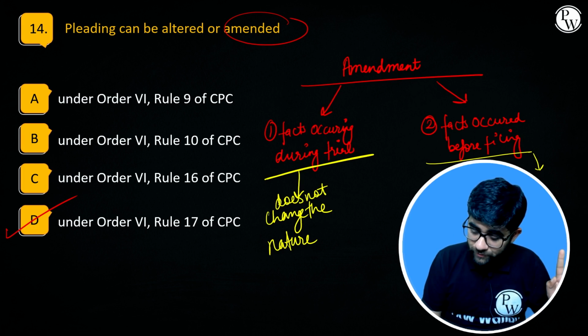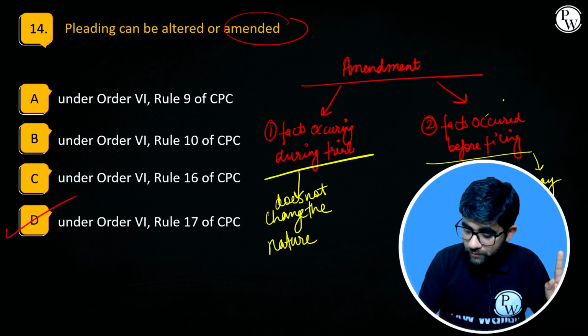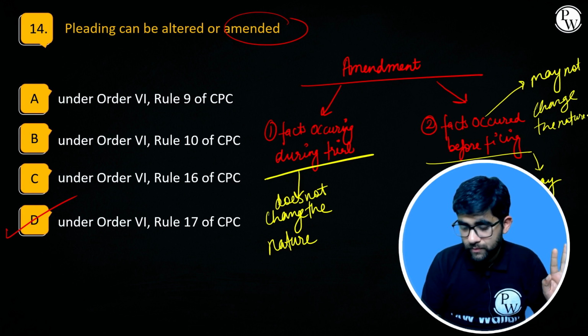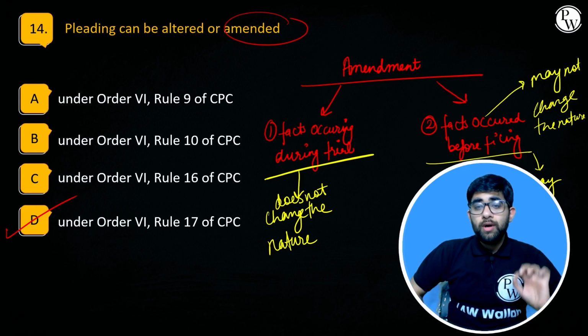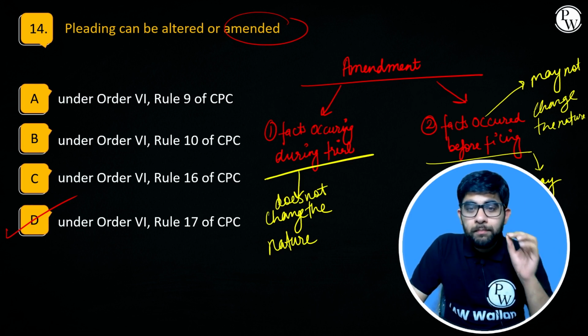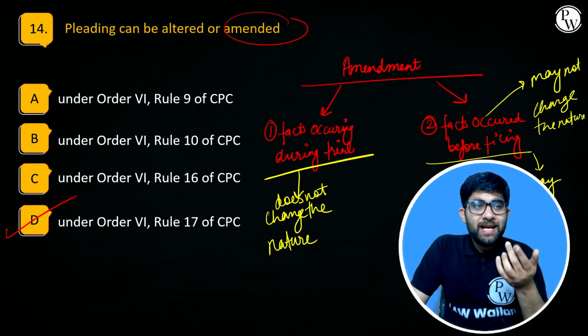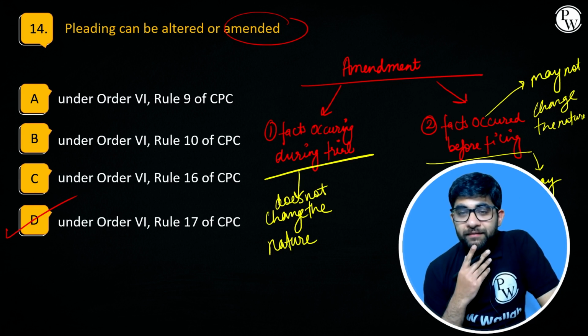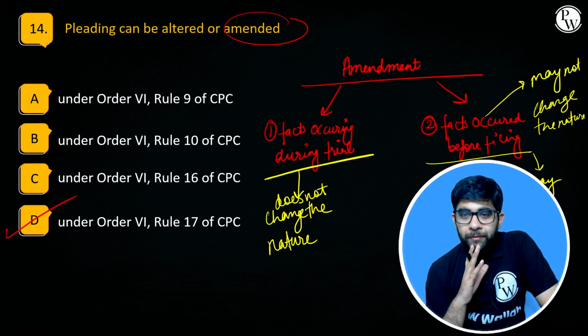May or may not change the nature. All right. So these are the things. For example, if I have filed a case for, let's say, probate of a will, and the other party does not appear after being served, and is proceeded ex parte, now what will happen?